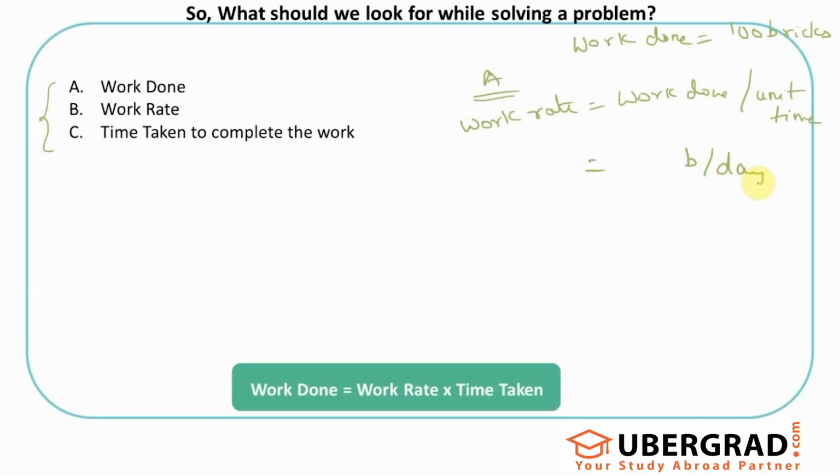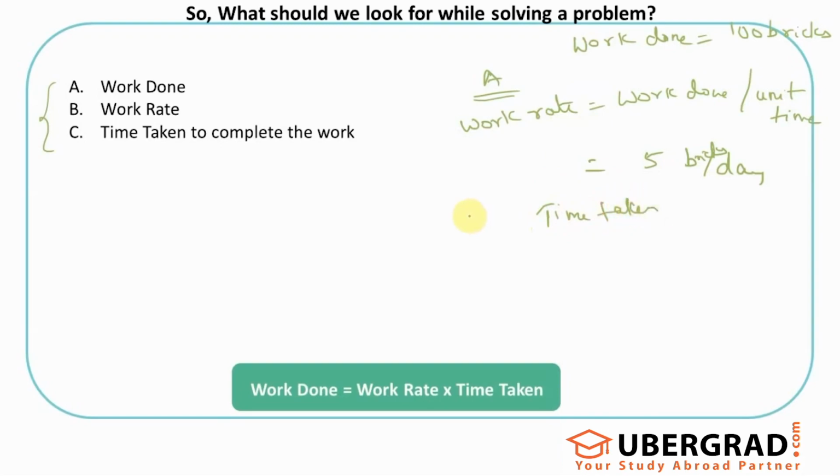But just stick to an example like bricks per day. Let's assume that a person can put 5 bricks per day. Right? So the work to be done is 100 bricks. If a person can put all 100 bricks together, he has completed the work. And his capacity or his work rate is basically putting 5 bricks a day. So how long will it take? Time taken to complete?